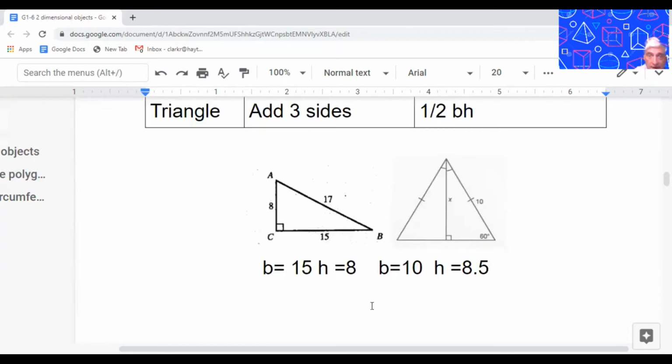Now let's go with the area. It's 1/2 of 15 times 8. It's 1/2 of 8 times 15. Half of 8 is 4, and 4 times 15 is equal to 60. Now, over here, half of the base, 10, is 5. 5 times 8.5.